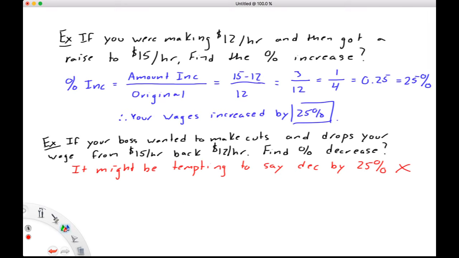Because in actuality, the percent decrease, just like percent increase, is the amount of decrease, how much we are literally dropping by, divided by the original amount. And so in this case, we are, again, changing from 15 to 12, but here we're starting at 15.